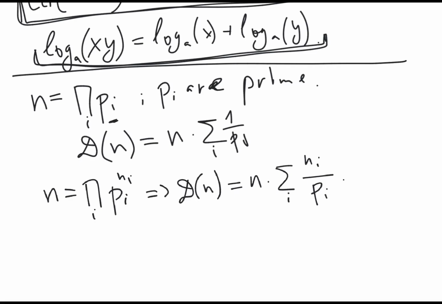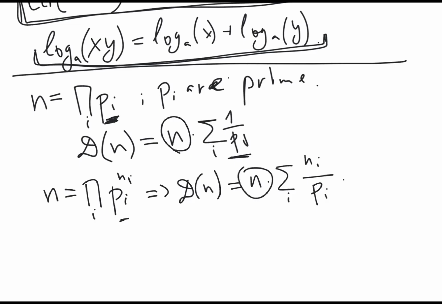Either we allow different prime numbers in the product, and then it is this, or we don't allow different prime numbers, but then we need to raise the prime number to certain powers. And in this case we see that there is this multiplier n.